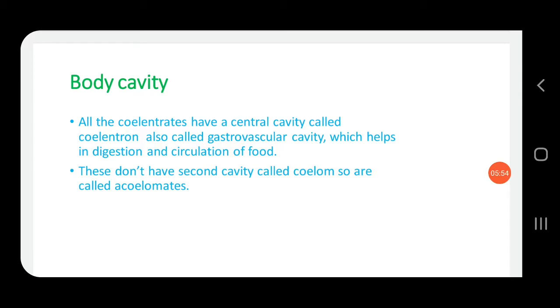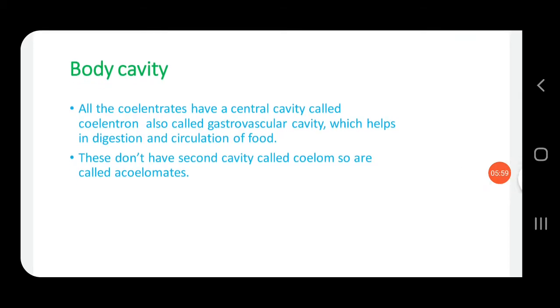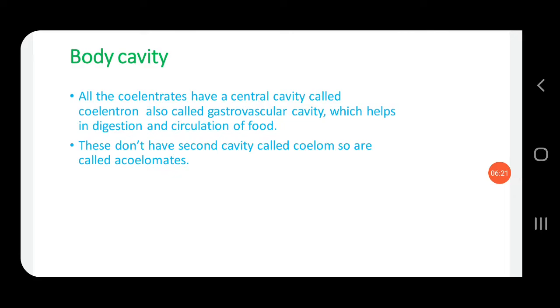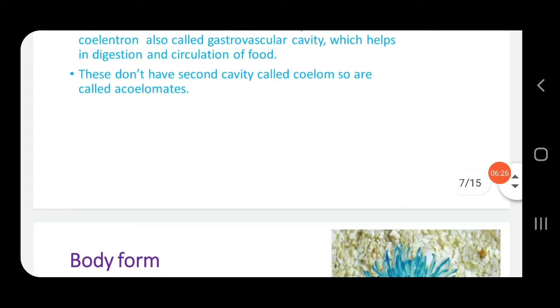From this word, the group name has been derived as Coelenterata, and this cavity helps in digestion as well as circulation of food. They don't have any second cavity which we can call a coelom. That is why they come in the group of acoelomates.